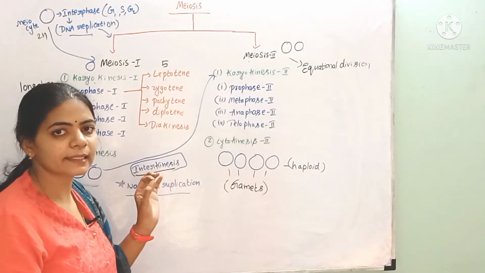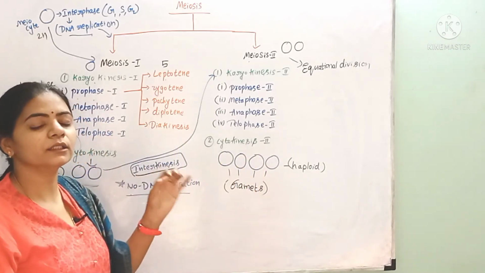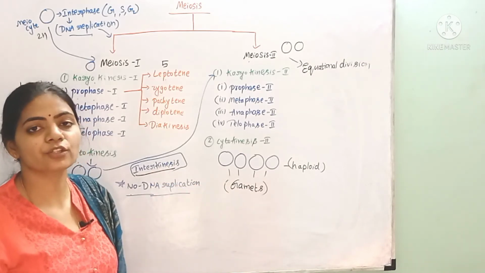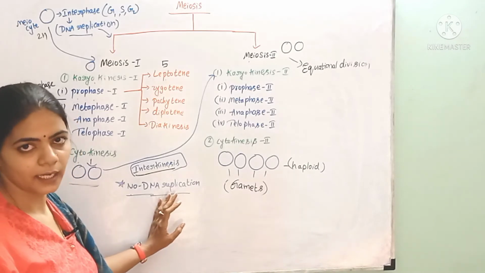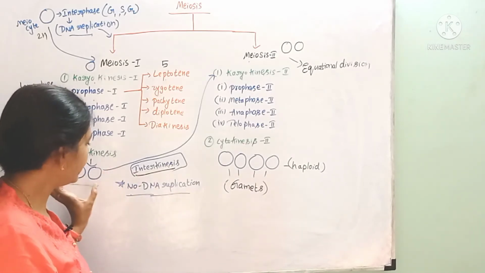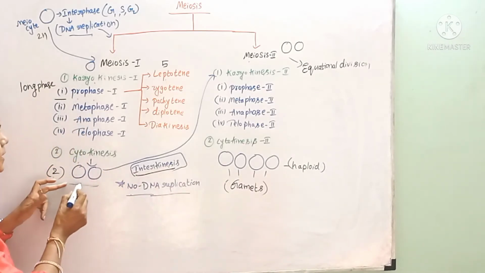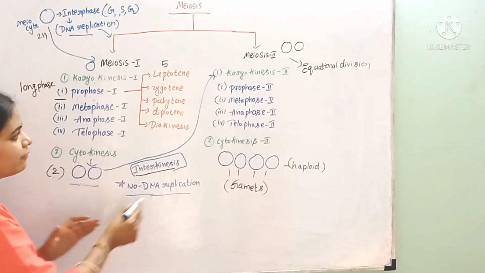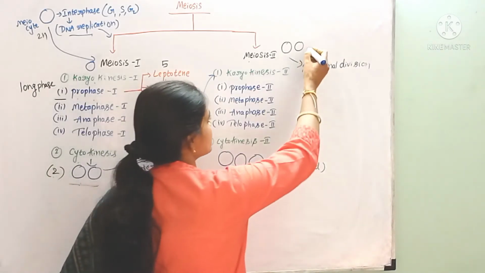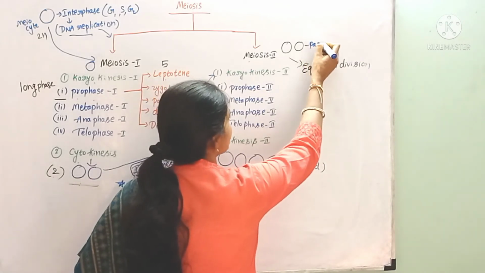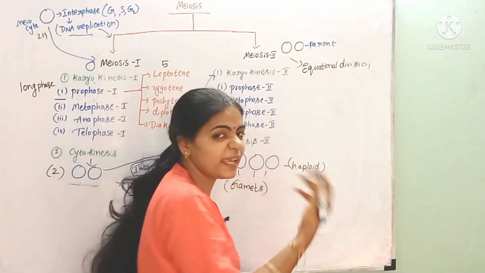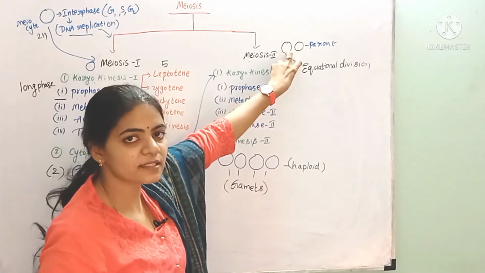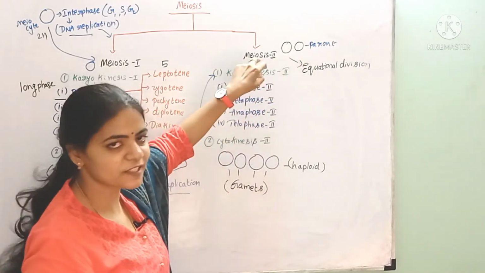There is a small gap, and not only that, if it is an animal cell, duplication of the centrioles also occurs in the interkinesis. Then the daughter cells of meiosis 1 will act as the parent cells, the mother cells, in meiosis 2.